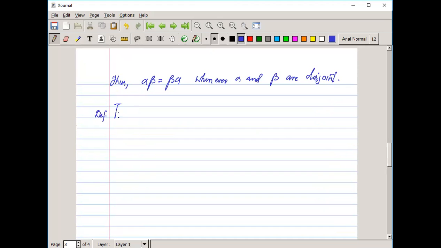Definition: transposition. A cycle of the form (A B) is called a transposition.